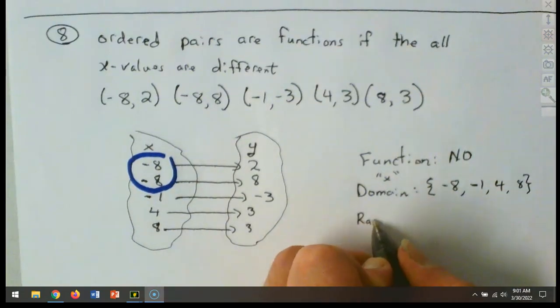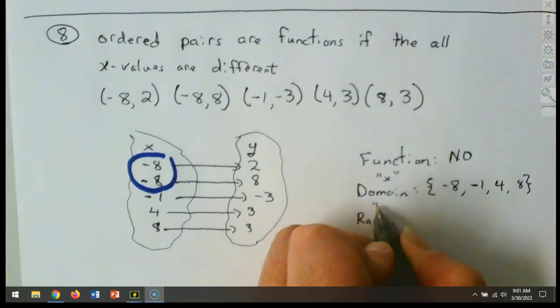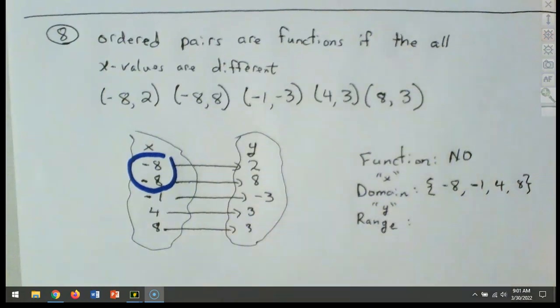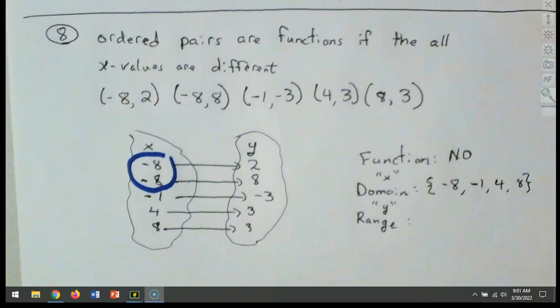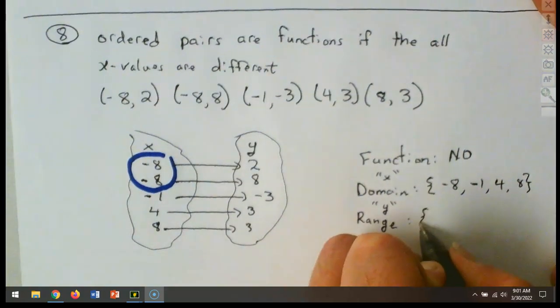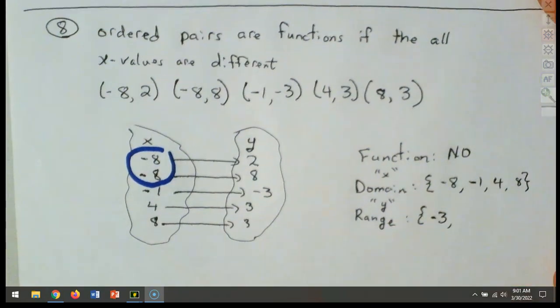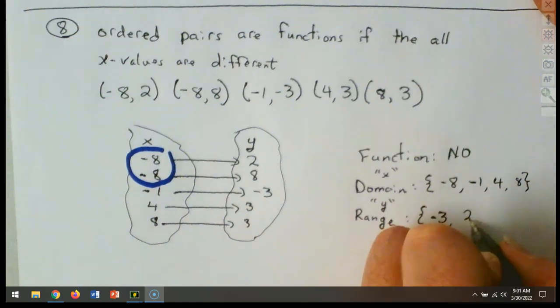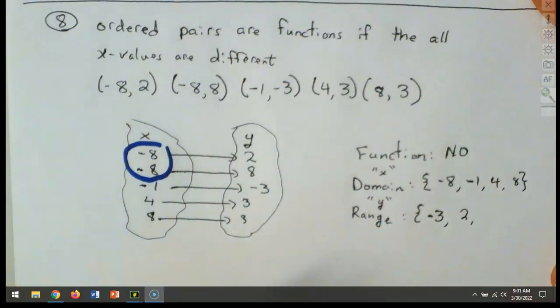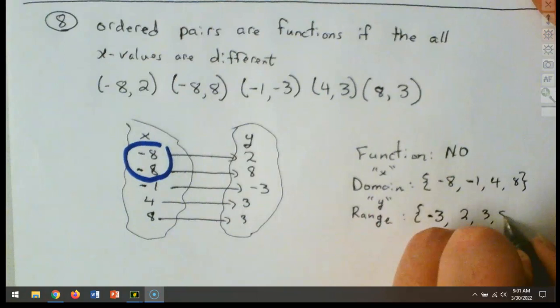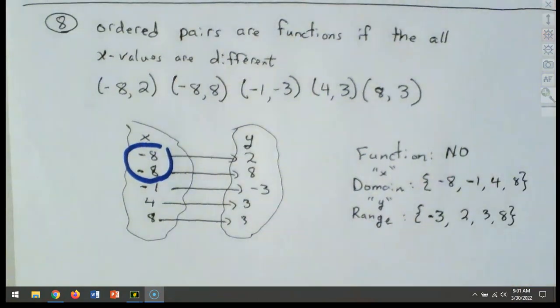And our range, which is the y values again, always want to begin with the smallest value. Think about a number line. So -3 is our smallest value. And then it looks like 2, 3, and 8. So that would be your domain and your range there.